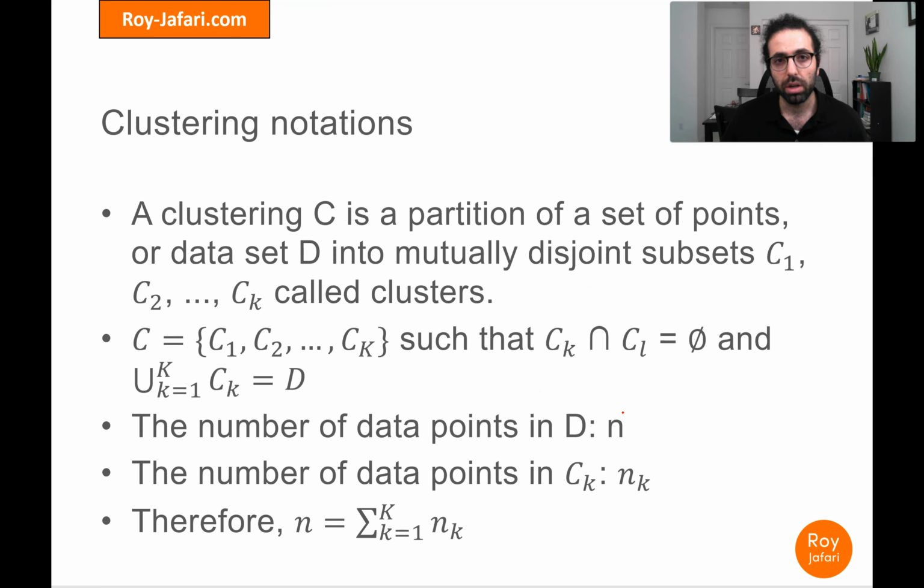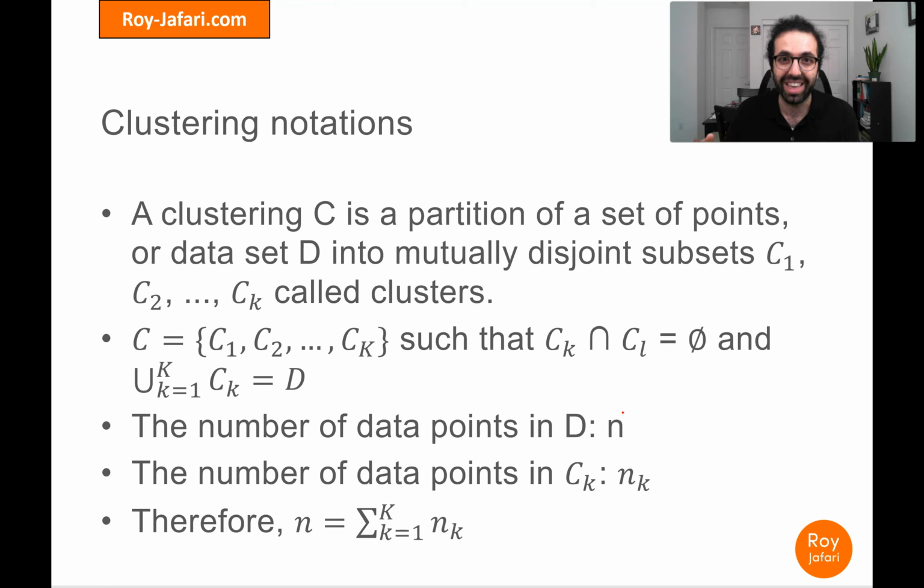So now let's start learning some notations that are going to be helpful for us as we progress through this video. So we call a clustering C. Remember, what I mean by clustering is the clustering outcome of an algorithm, right? We say a clustering C is a partition of a set of the data objects, or points, or data set, into mutually disjoint clusters, C1, C2, till CK.